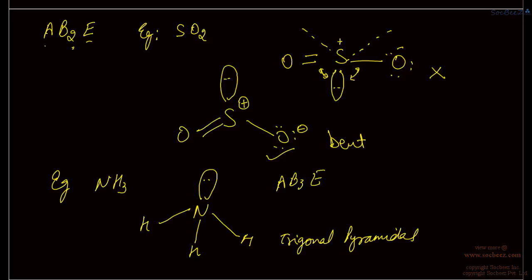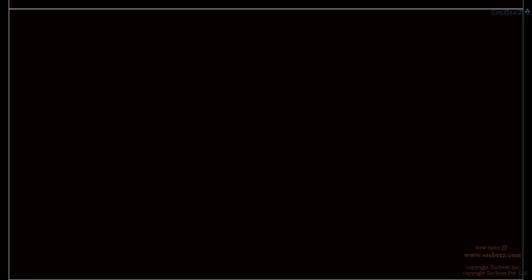Now, whenever a covalent bond is formed, it is characterized by different types of bonds known as sigma bond or pi bond. Let's discuss what a sigma bond actually is and what a pi bond actually is. A sigma bond is formed when, suppose this is an s orbital, two s orbitals overlap.